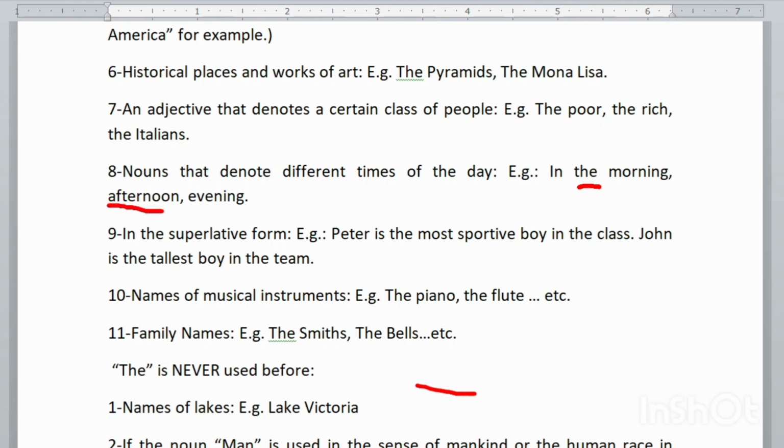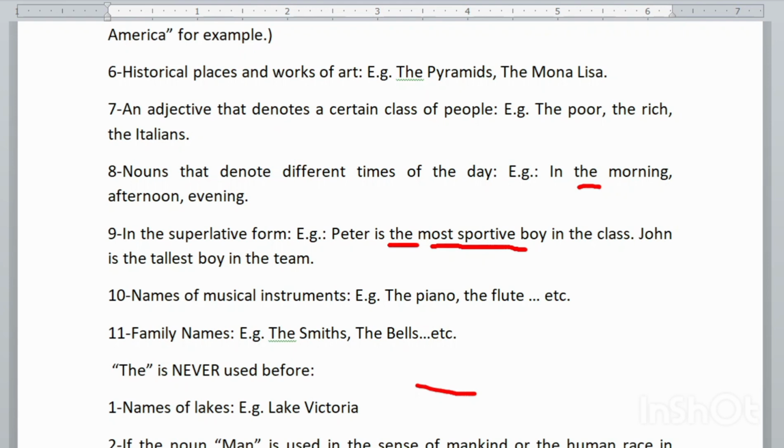Rule number 9. We will discuss it now. For example, in the superlative form: Peter is the most supportive boy in the class. The most supportive. The is a definite article, and most supportive is the superlative degree. So with the superlative degree we use the.